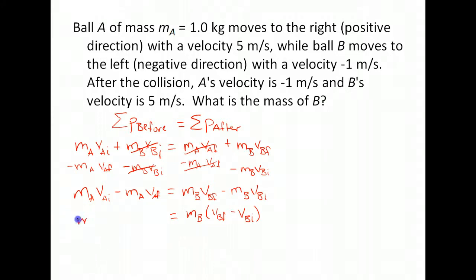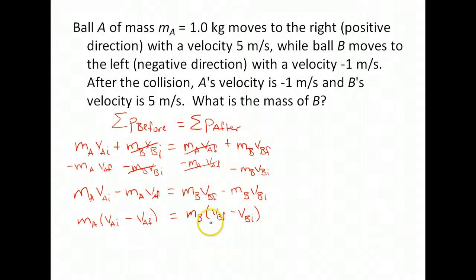I could factor out the mass of A. Okay, on that side also. Notice on this side I have the initial minus the final, and over here I have the final minus the initial. That's the way it works out algebraically. Okay, so just be careful with that.